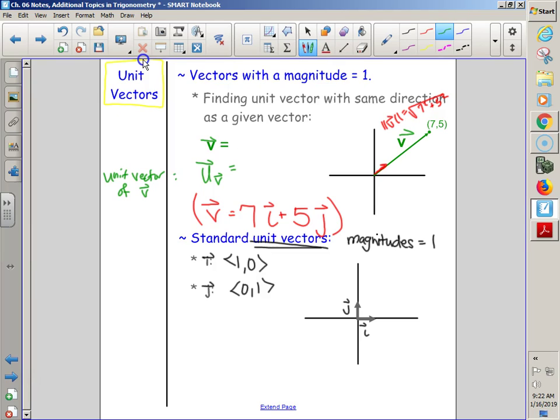A unit vector of V is to take the a all over the magnitude and the b all over the magnitude.